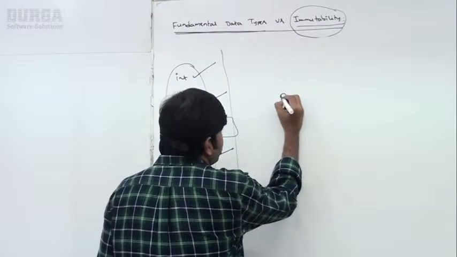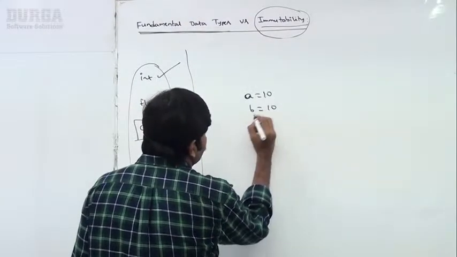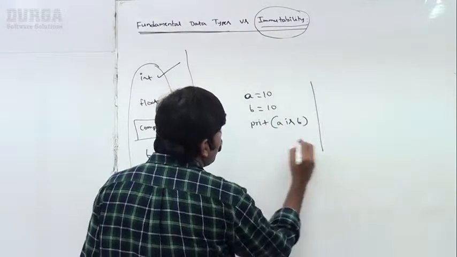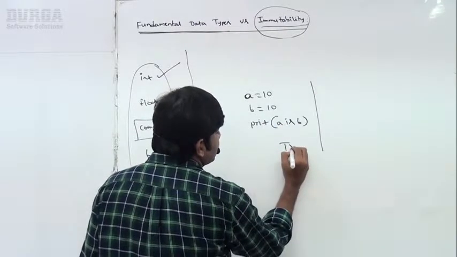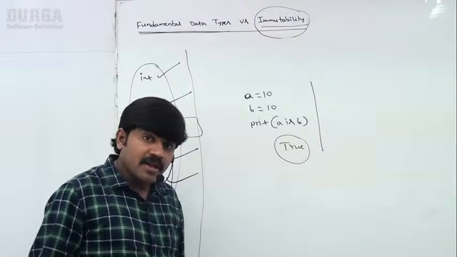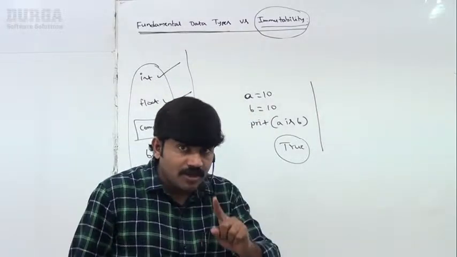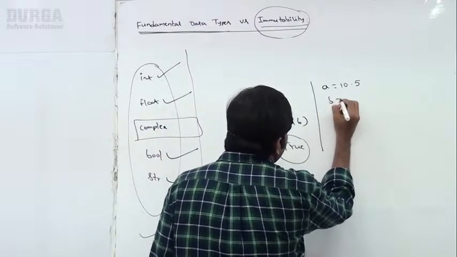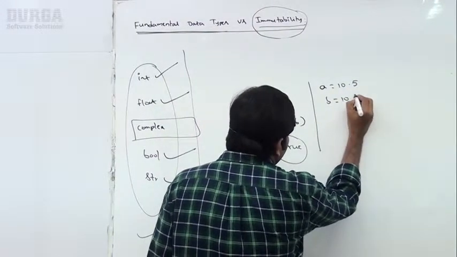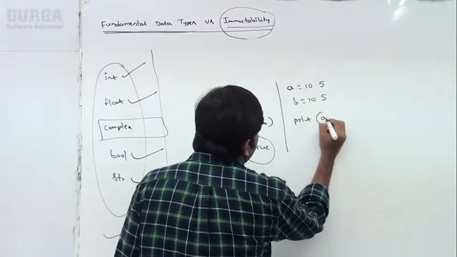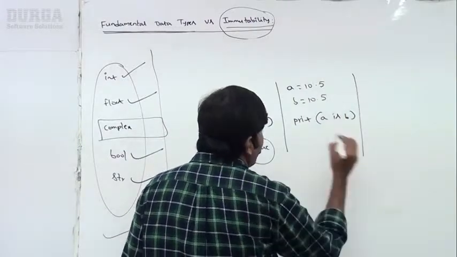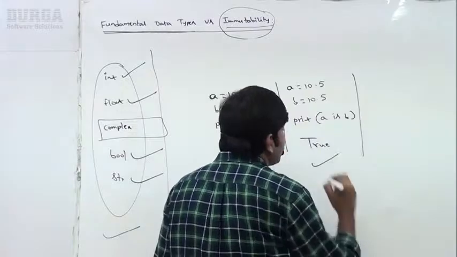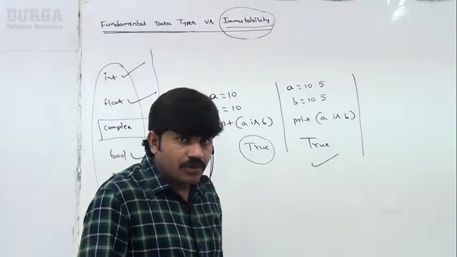Now where is the proof for that? If you consider a = 10, b = 10, print(a is b), True is the answer, because for int it is always going to use the existing object only. Next a = 10.5, b = 10.5, print(a is b). In the case of float also we are always going to reuse the existing object only.